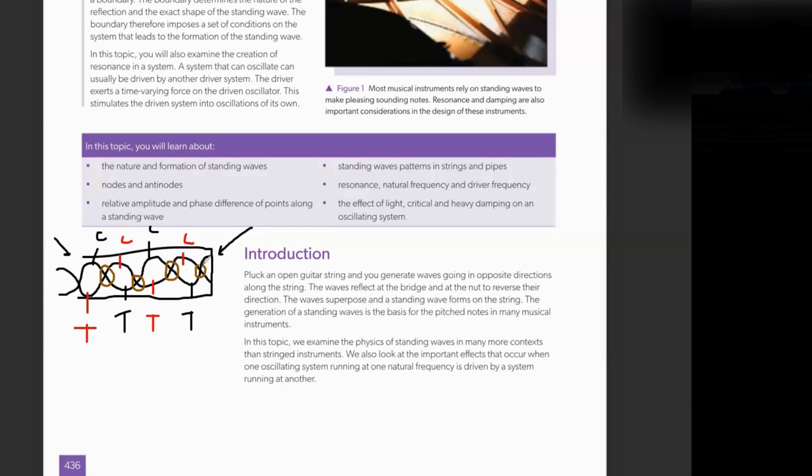It formed because of reflection of the wave, and the phase difference of the reflected wave is 180 degrees with the actual wave, and it creates a pattern. And this pattern is basically called the standing wave. This is the pattern of a standing wave.